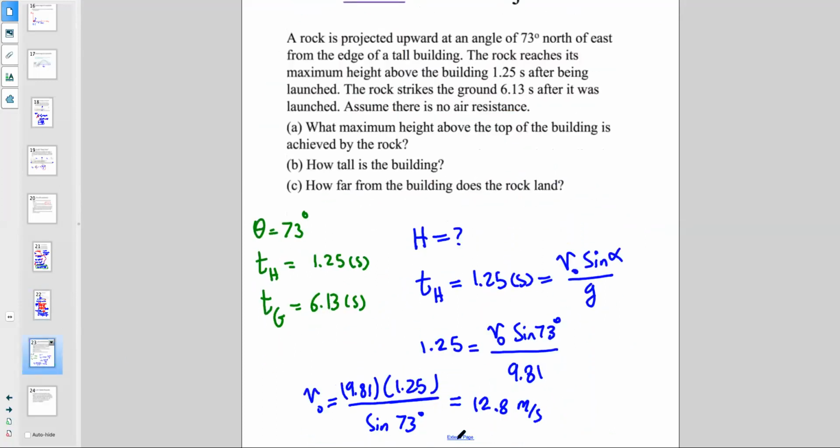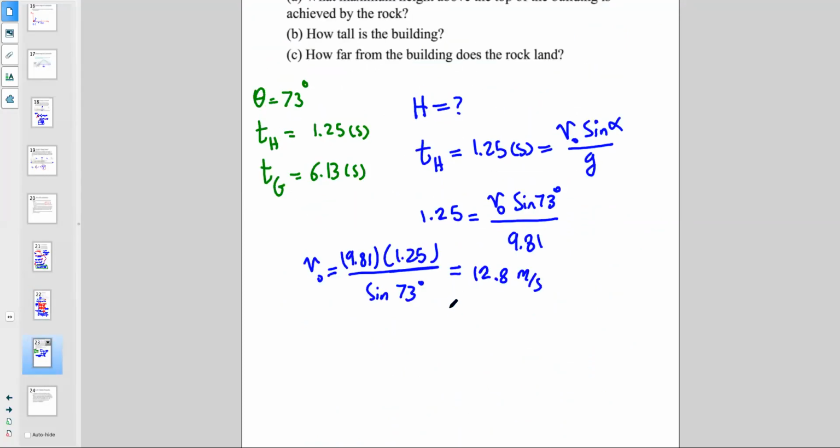So I can easily find the height now. Height is V0 squared sine squared of theta over 2g.